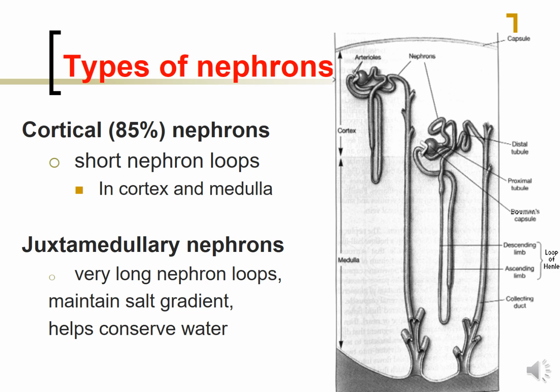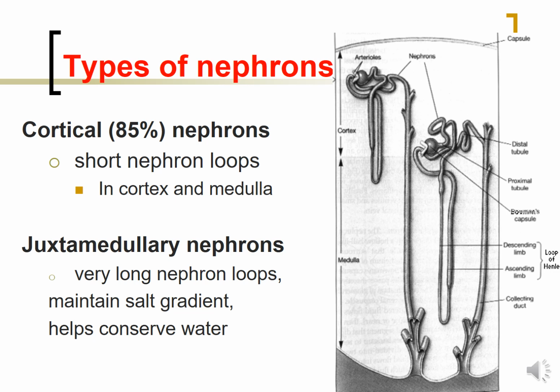And what happens, as you extend further down through the medulla, there's an increase in concentration of salt. There's a salt gradient. And what the salt does allows the conservation of water. The number one rule of the urinary system, remember, is water always follows the salt.